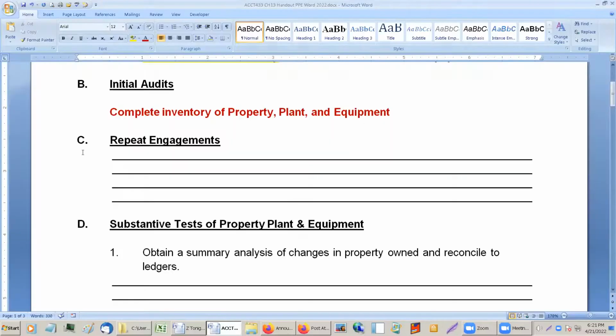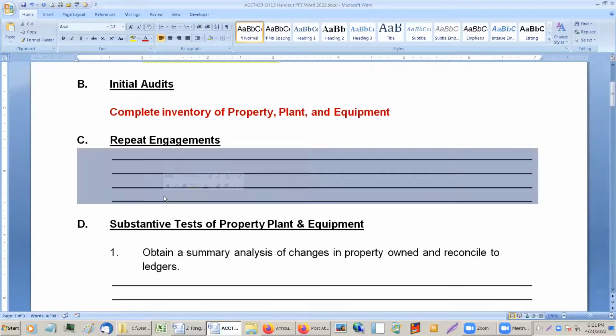That is one of the reasons why the initial audit might cost a little more, because we're going to find out that later on, because equipment doesn't usually turn over that much, we don't actually do a complete audit of property, plant, and equipment, unless there's a problem with it. If they have a serious problem the initial time, maybe you'll do it next year just to make sure everything's okay. But generally speaking, you do it on the initial appointment, and then repeat engagements.